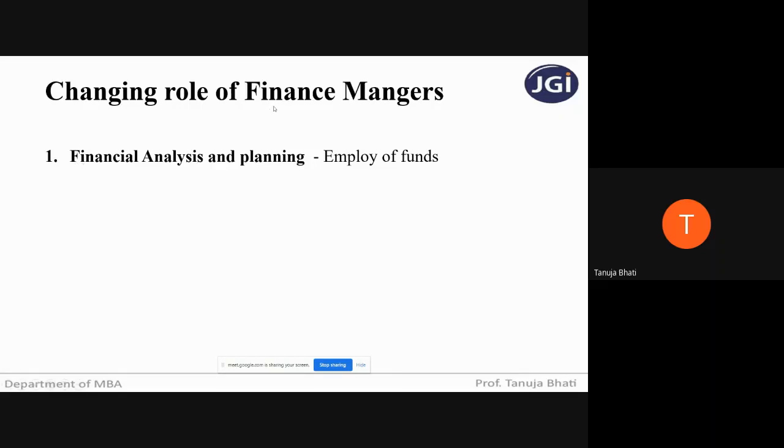The first changing role of the financial manager is financial analysis and planning. What is the meaning of this? This means that he is determining the proper amount of funds required in the company, that has to be employed in the firm, and designating it in such a way that the size of the firm and the rate of growth increase.